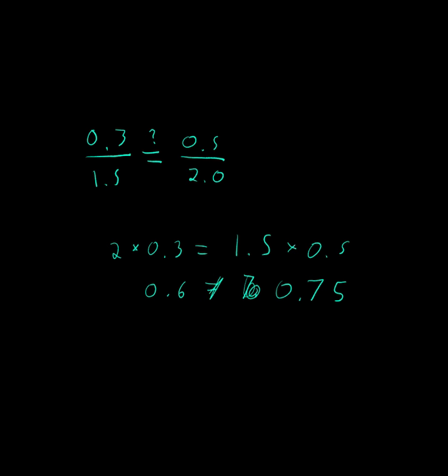These are not equal, so this would not be a proportion, and that means these are not equivalent ratios. Okay, so with that being said, we can use our means extremes property to determine whether or not two values are equivalent ratios.